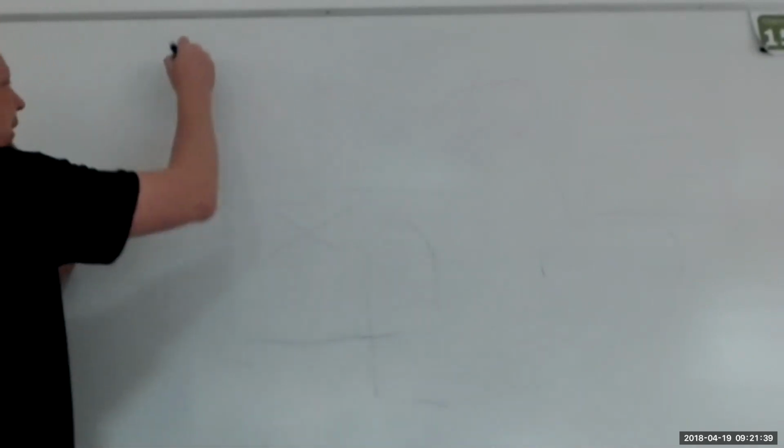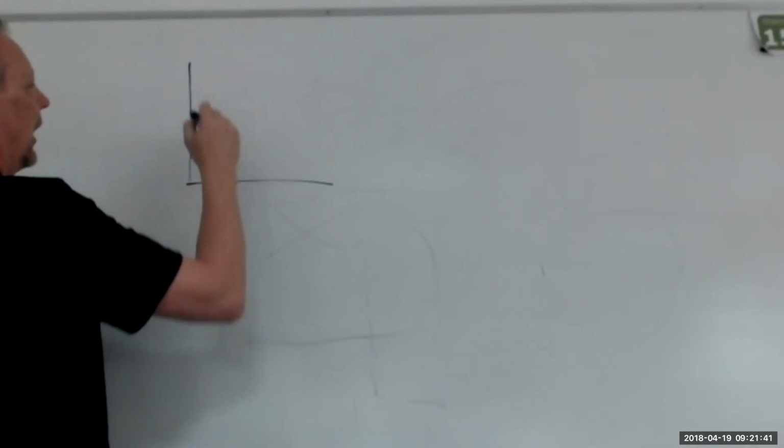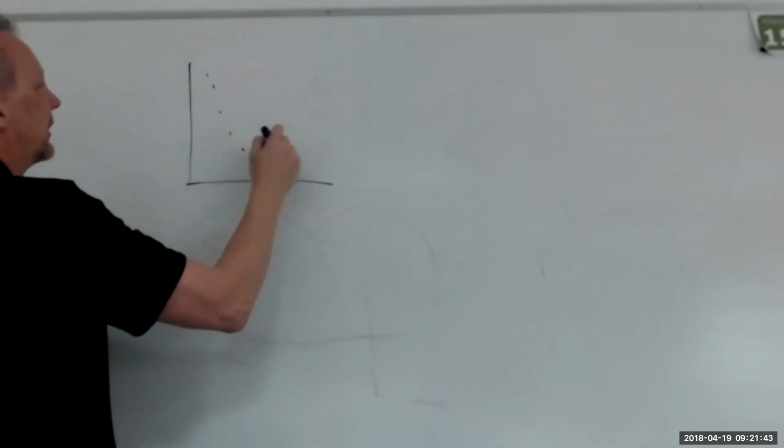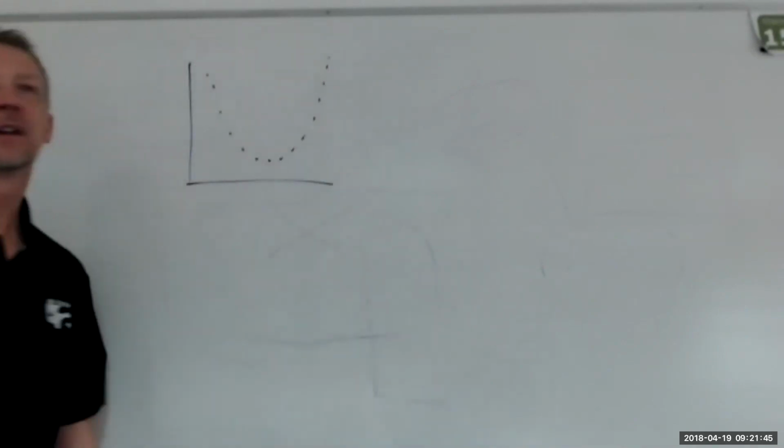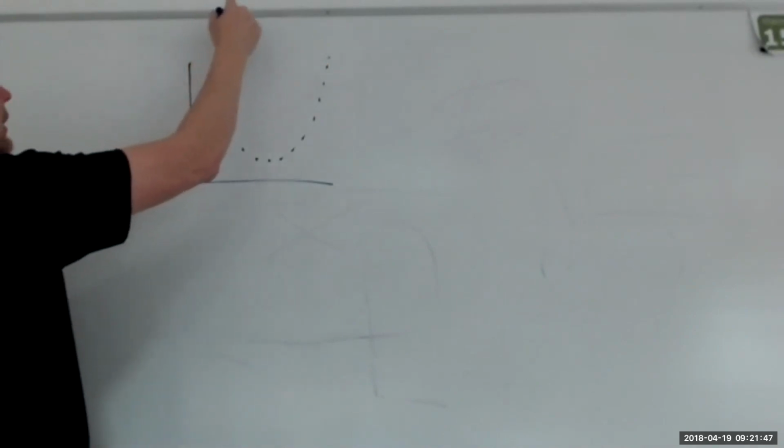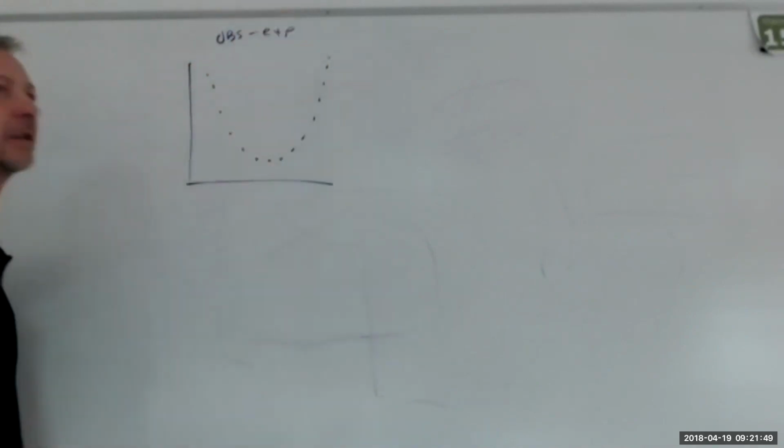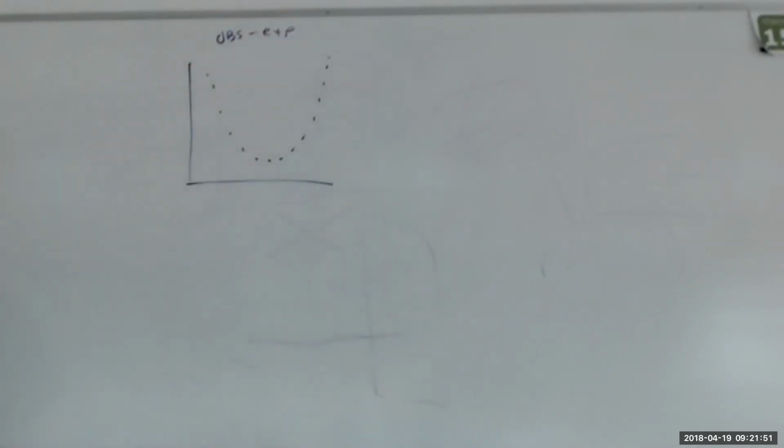Okay, so let's say that you're going along here and you get a plot that looks something like this. Okay, this is observed minus the expected. Is that a problem, first of all? Yes, because there's a pattern, and the pattern indicates it's not random error, not constant error variance.